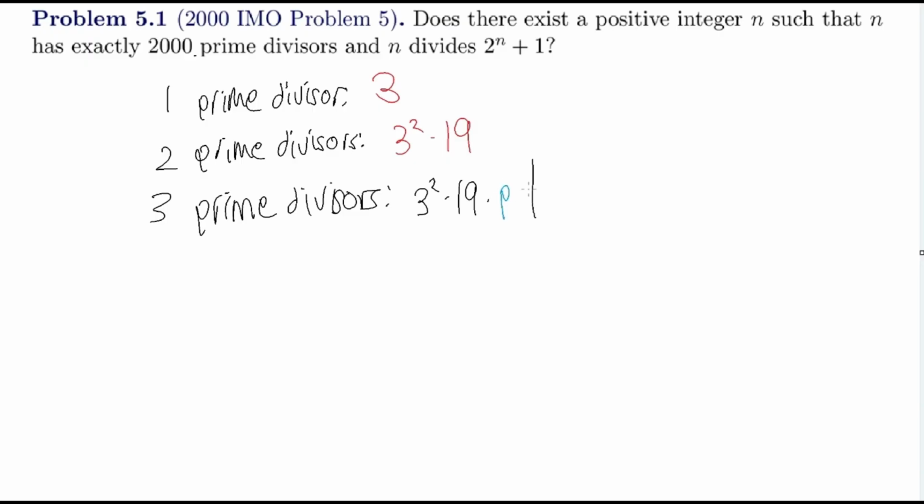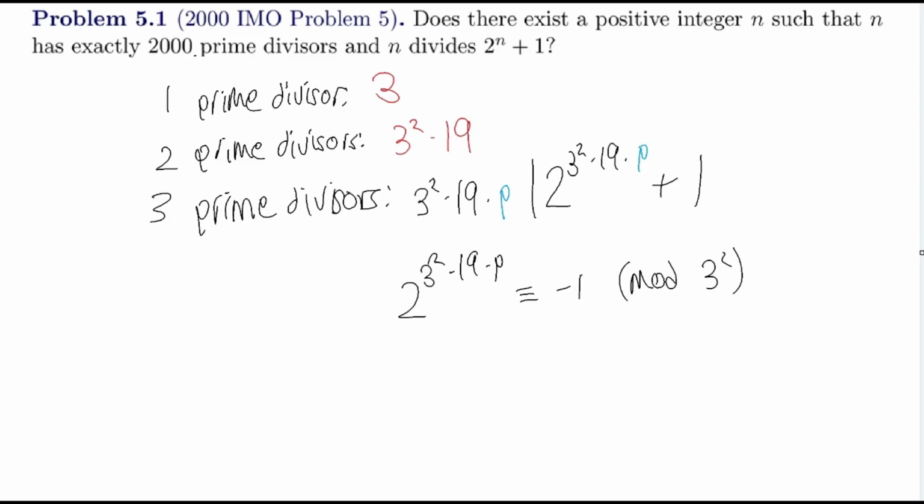Then we know that this divides 2 to the 3 squared times 19 times p plus 1. And again, we want to use the Chinese remainder theorem to our advantage. So let's try looking at modulo 3 squared first. If we look at that, we want to show 2 to the 3 squared times 19 times p is equivalent to negative 1 mod 3 squared.